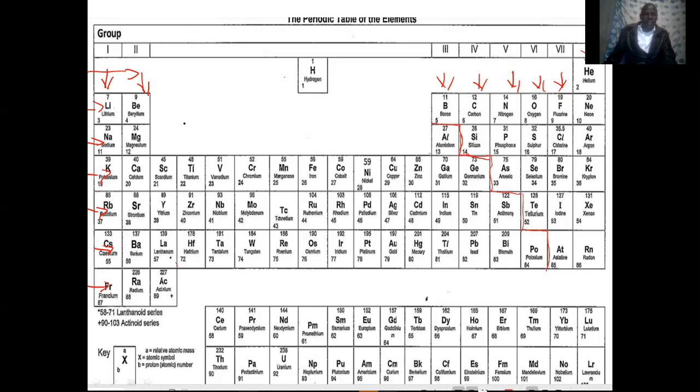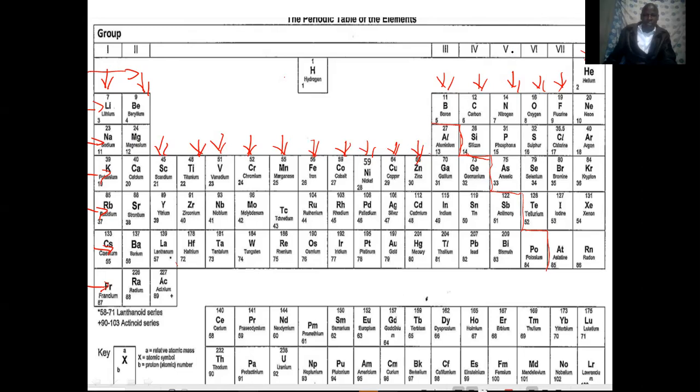However, if we included this block of elements between group 2 and group 3, these are known as transition elements or transition metals. These metals can also be included in a group, and that makes the group now have 18 elements, meaning these 8 plus these 10. 1, 2, 3, 4, 5, 6, 7, 8, 9, 10.